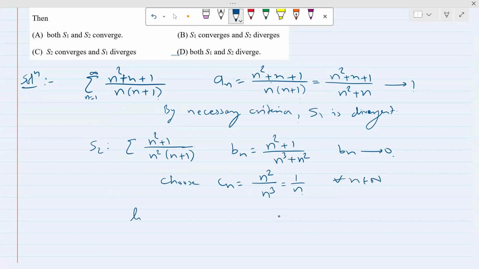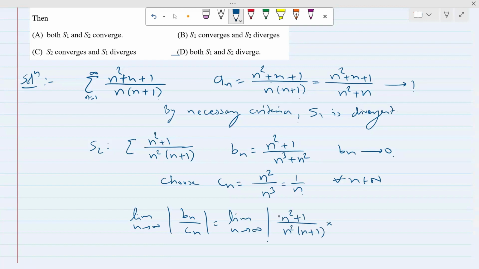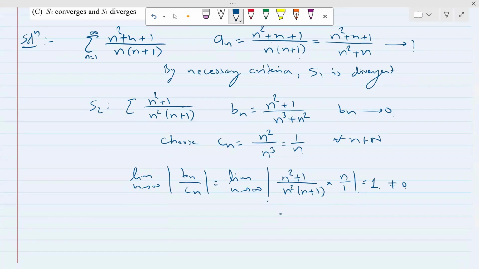And try computing the limit as n tends to infinity of bn upon cn. n square plus 1 upon n square into n plus 1, and you are dividing by cn, so it will get multiplied. It will tend to 1. Sir, what is the necessary criteria?